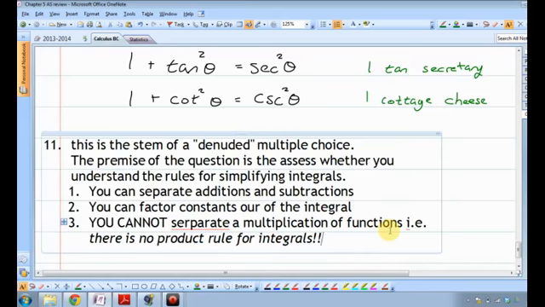Okay, very important. There is no product rule for integrals.